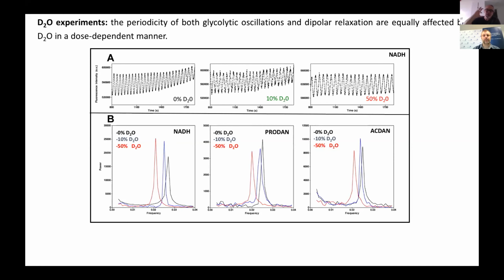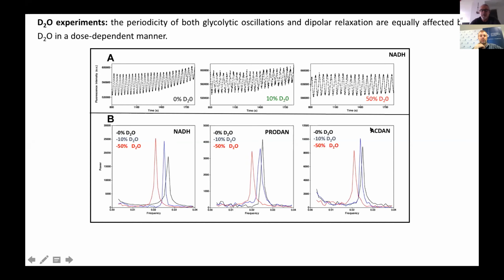So we use this concept to do it in the cells, and you can see up here, this is the NADH oscillations, the metabolic oscillation. As soon as you start to add deuterium oxide, you can see that the period of the oscillations is increasing. So the dynamics start to get slower. And this is something that you see not only with the metabolites, but also with Prodan, with Acdan, and other probes.